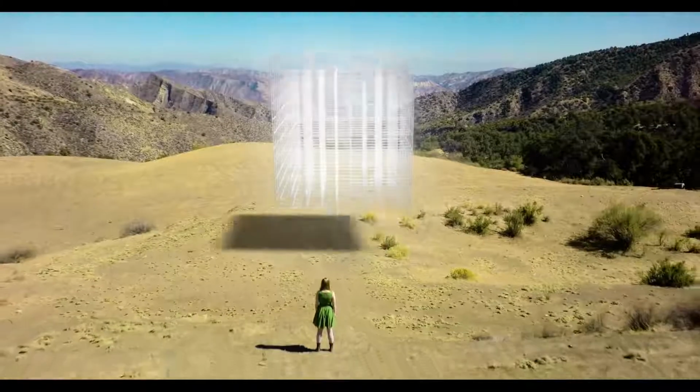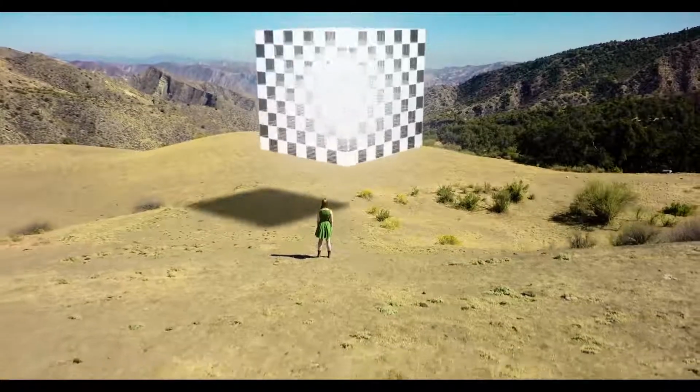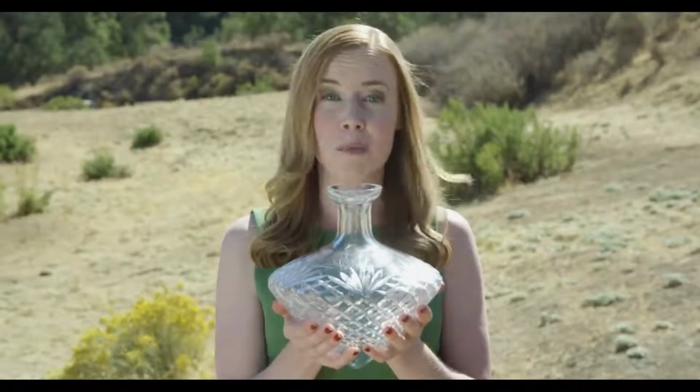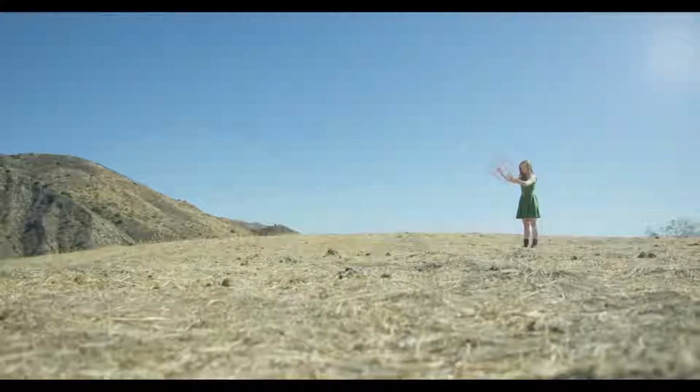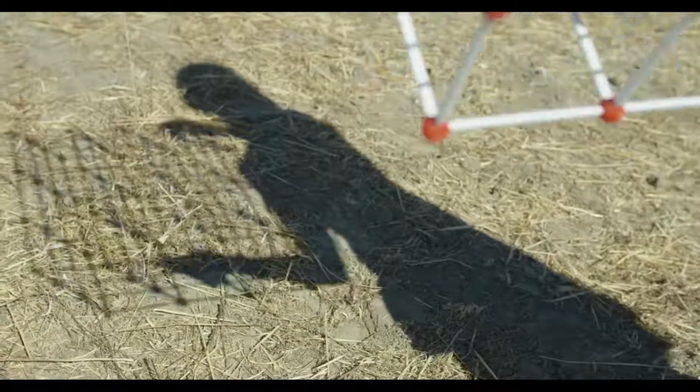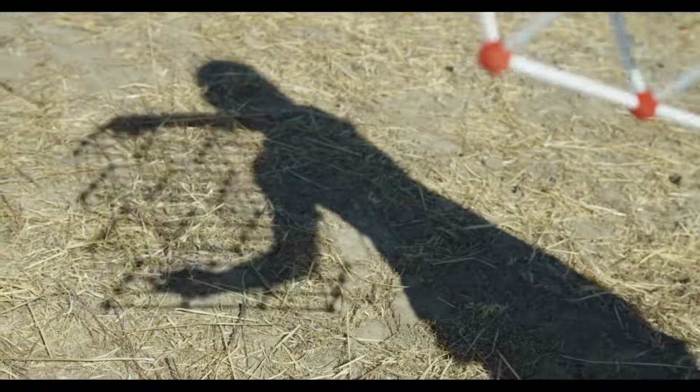You can also have three-dimensional crystals. By the way, this 3D glass is called crystal because its atoms are actually arranged in a crystalline pattern. So, see how I'm projecting this three-dimensional crystal to a two-dimensional image on the sand?